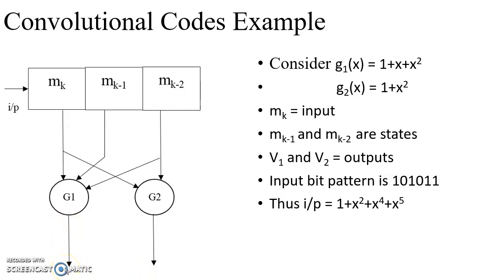We will find the outputs v1 and v2 for the input bit pattern 101011. The input is written in polynomial form as 1 plus 0 times x plus x square plus 0 times x cube plus x raised to 4 plus x raised to 5.